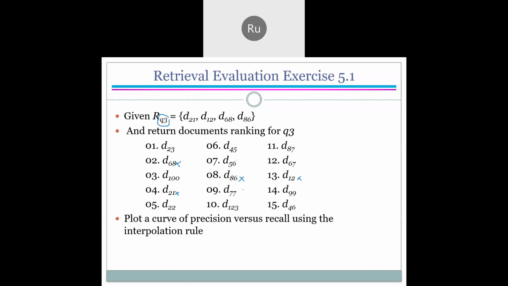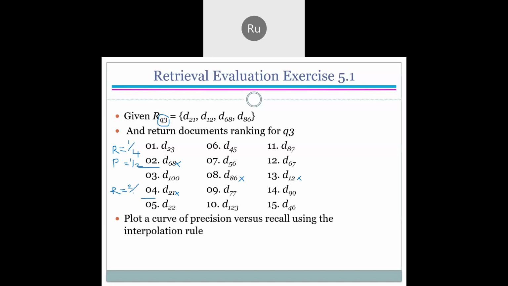If we want to plot the precision versus recall, what is the value of recall here? This is 1 over 4, and the precision will be 1 over 2.